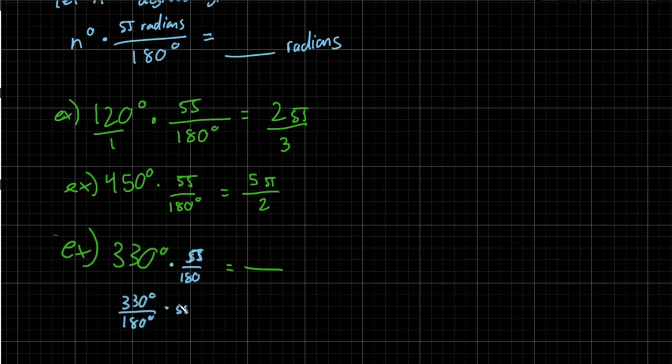And I still have my pi because I don't want to multiply by it, so I'm keeping pi in there. So what is 330 divided by 180? Give me it as a fraction. Okay, 11 over 6. Great, that's in radians.